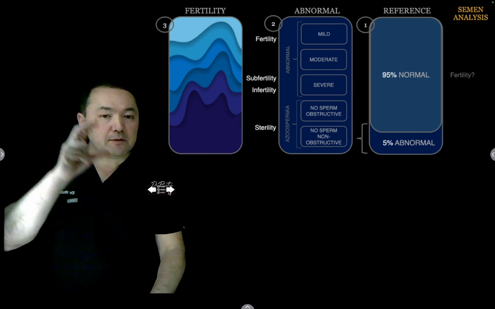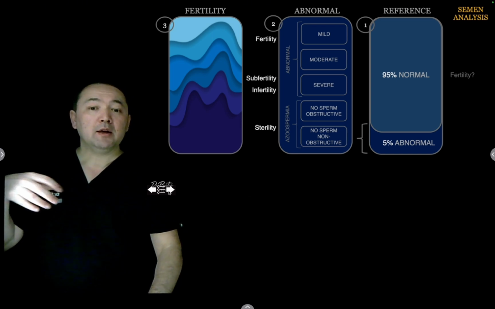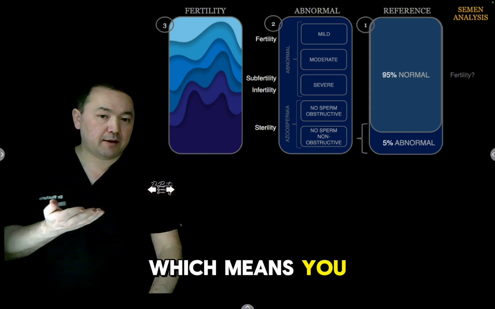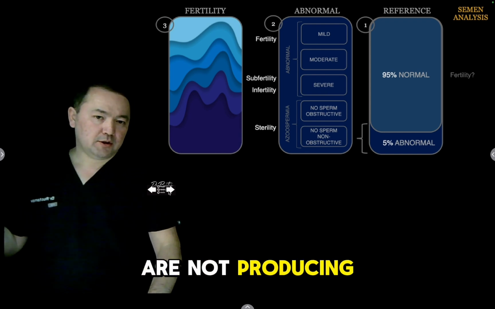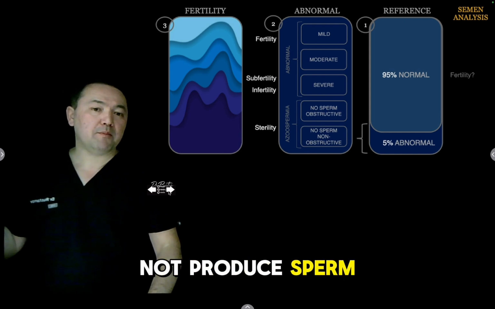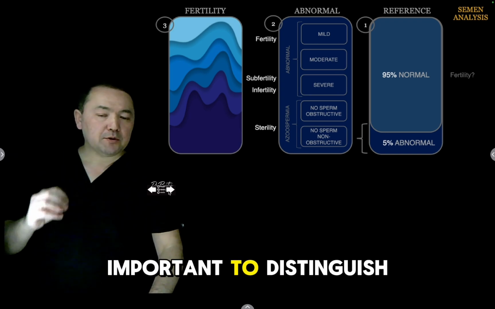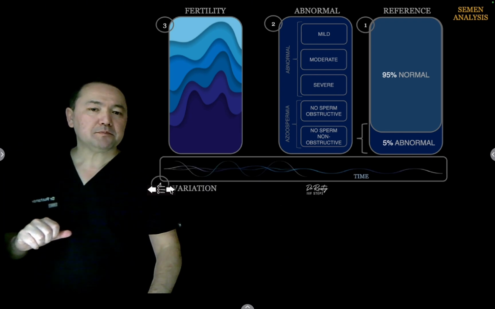You may have infertility, which means you can have a successful biological child, but you need infertility treatment, maybe including IVF. And unfortunately, sterility means that you are not producing sperm and you will not produce sperm, and you cannot have a biological child. So it's very important to distinguish the differences between abnormal results.